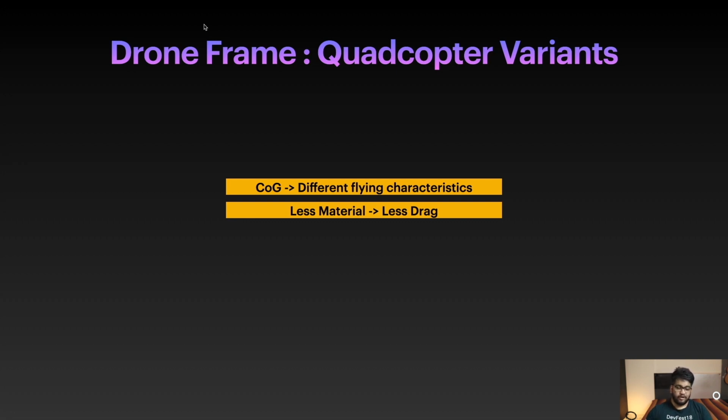This is the most important part: better balance is less work for the flight controller. In the last class we discussed that aerodynamically drones are unstable. They rely on sensors and onboard computers to maintain a stable flight. So if your center of gravity is off, if your drone frame is not perfectly balanced, more work has to be done by the flight controller to keep it balanced.